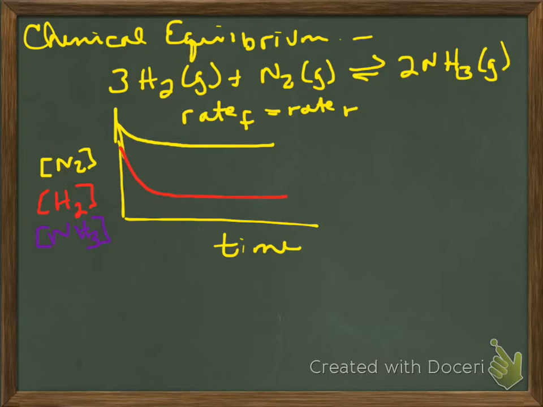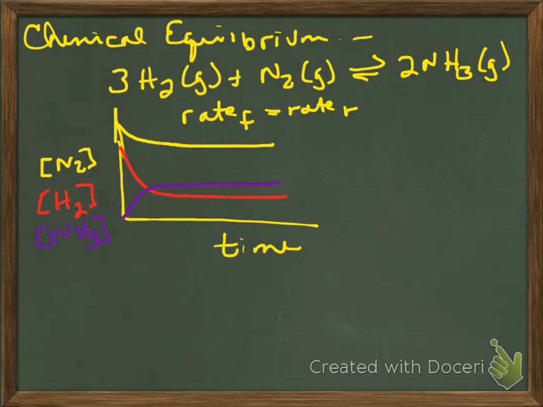As those reactants are being used up, then my ammonia will be produced. So the change for one nitrogen should be like 3 times for the hydrogen and then twice for the NH3. The curve should reflect the relative distances shown in the equation.